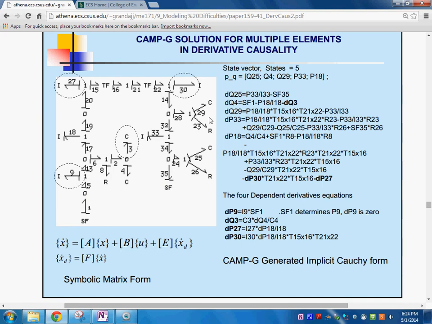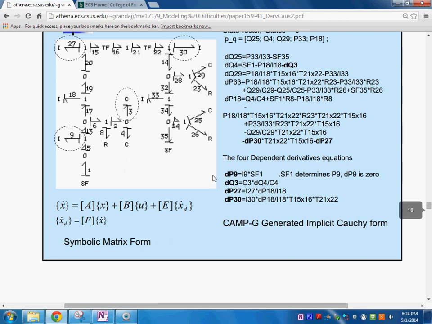So what I did is I went to CAMG and said, okay, look, I need those derivatives, and it gave it to me. Okay, so this is how we solve the derivative form, by using these new matrices E and F.